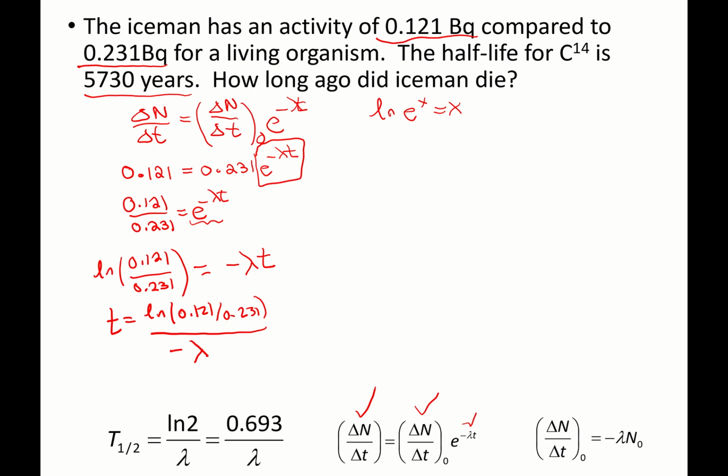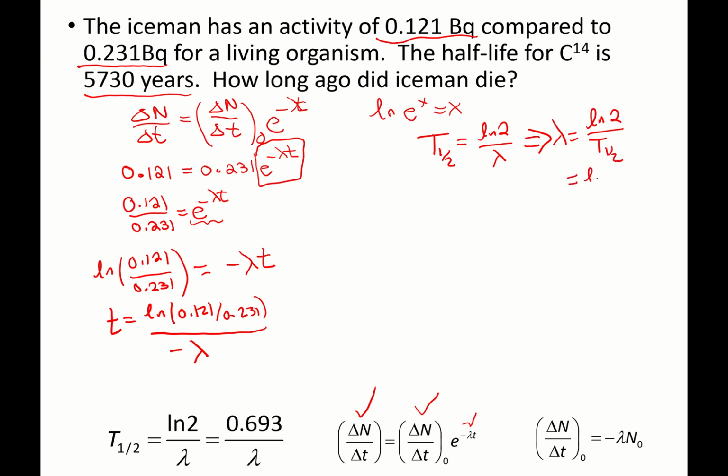Okay, so I can put in the numerator in my calculator. I need to calculate my lambda. How am I going to calculate my lambda? Well, I know the half-life, so I know that the half-life, t1/2, is equal to natural log of 2 over lambda. So that means lambda is equal to natural log of 2 over the half-life.